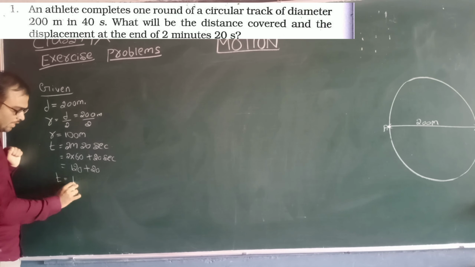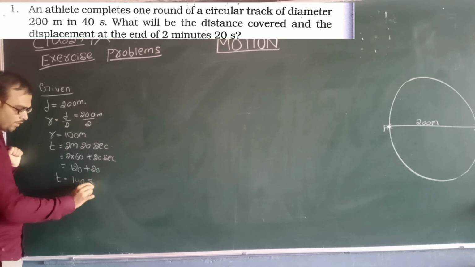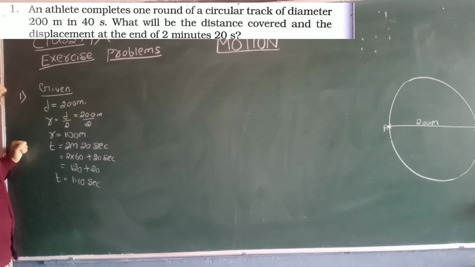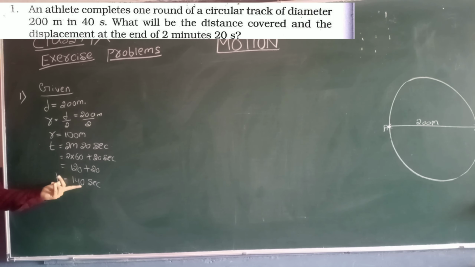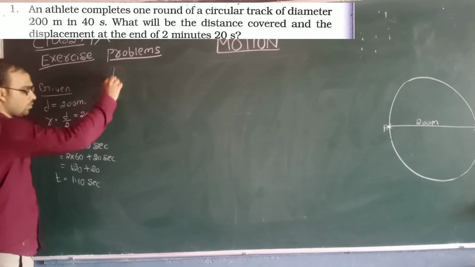So the total time is 140 seconds. So what they have given here: the diameter of the circular track is 200 meter, so the radius of the circular track is 100 meter, and the total time taken for the movement is 140 seconds.